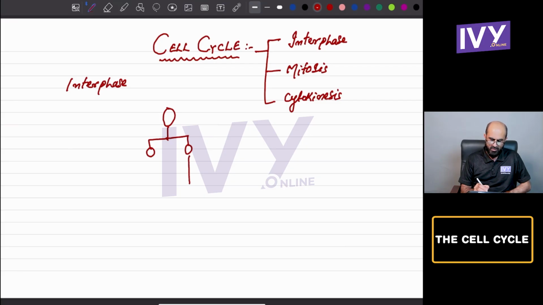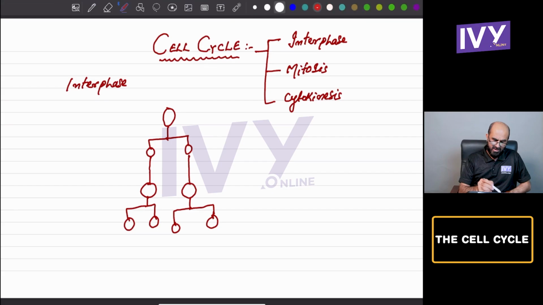Once these cells are formed as daughter cells, first they must grow and increase in size. The nucleus also increases, and now the cell has the potential to divide into two. Similarly, these cells also grow first into bigger cells, and then are divided into two cells.